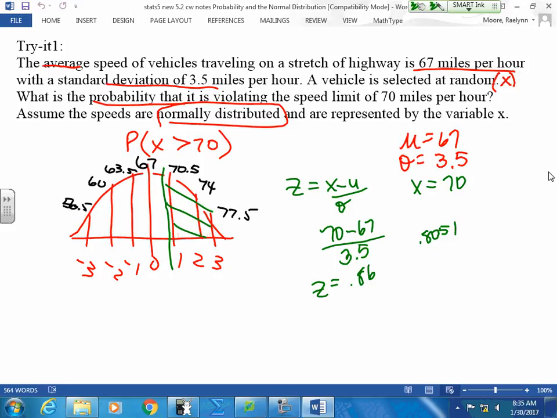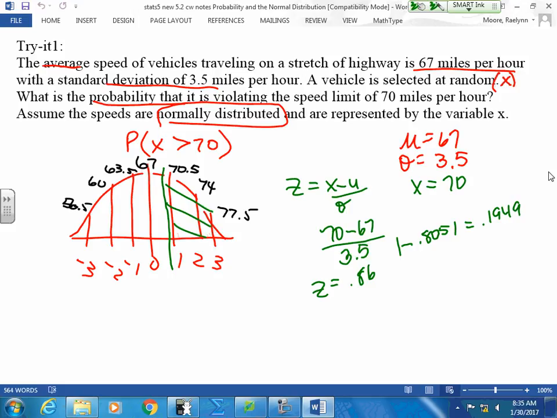It means I have to subtract this from 1. This is why your curve helps you. So I get 0.1949. There's about a 19.5% chance that the person I pick at random and check their speed is violating the speed limit of over 70 miles an hour. 70 or more.